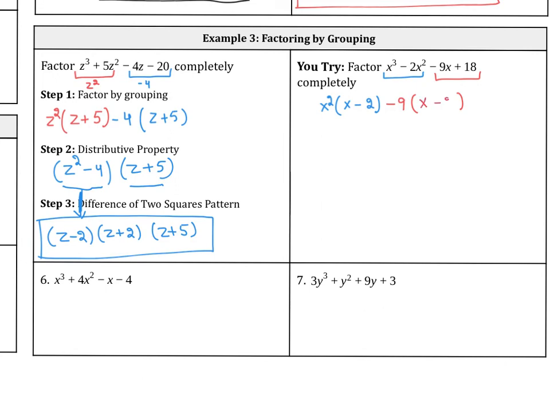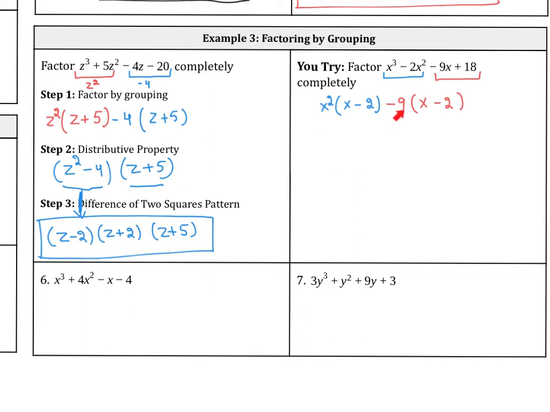The reason why we factored negative 9 is that we want to make these two factors exactly the same. So we want to have x minus 2 and x minus 2. These two factors should always be the same, just like here, x plus 5, x plus 5. That's how we're going to use the opposite of the distributive property.